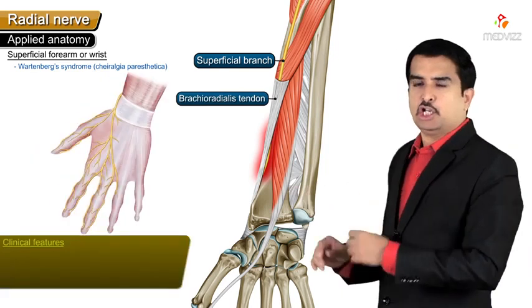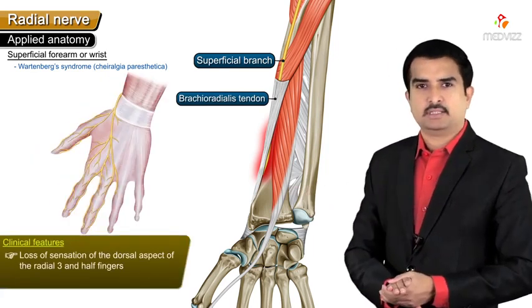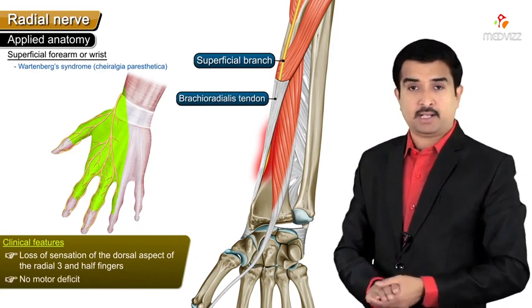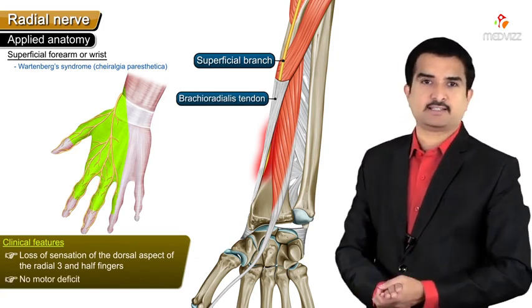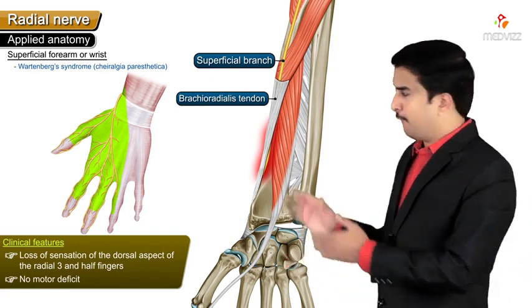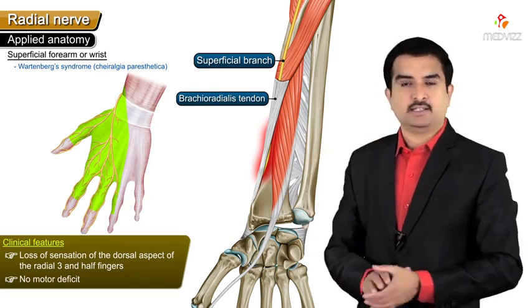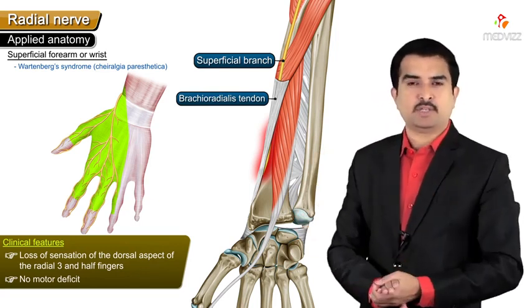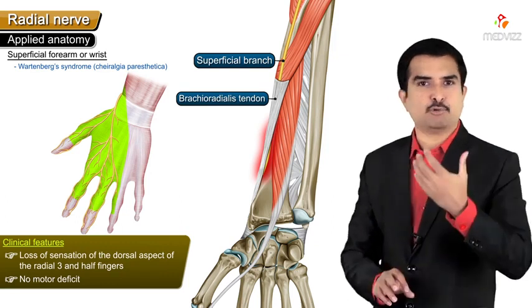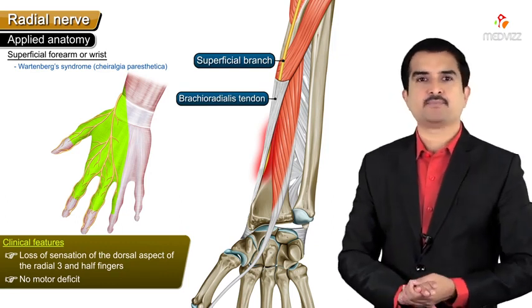This results in loss of sensation on the dorsal aspect of the radial 3½ fingers, but there are no motor deficits because the motor branches have all been given off well before the wrist. That is the reason Wartenberg syndrome is only associated with sensory deficits at the posterior aspect of the wrist.